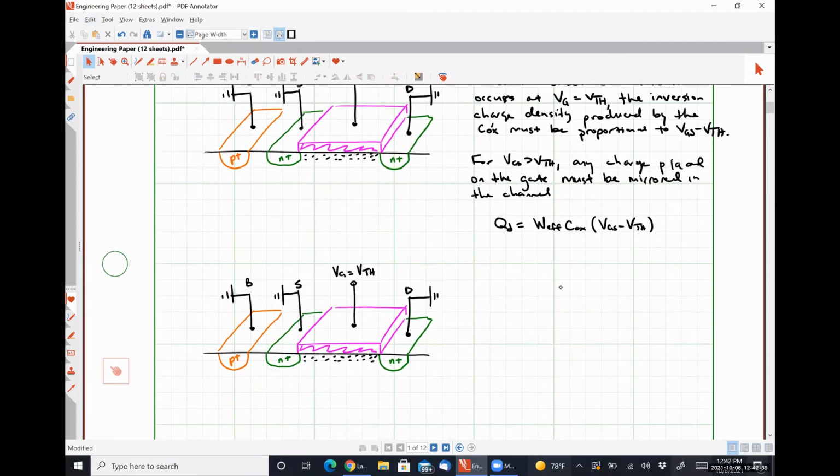Now, we apply a voltage at our drain terminal, where VD is greater than 0 volts.